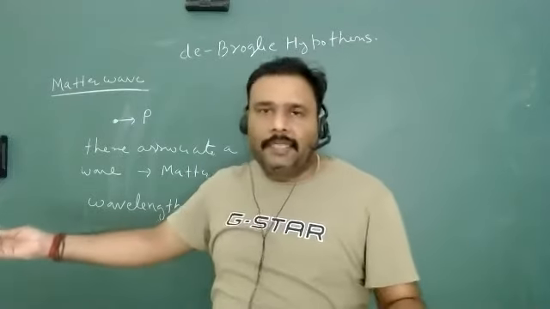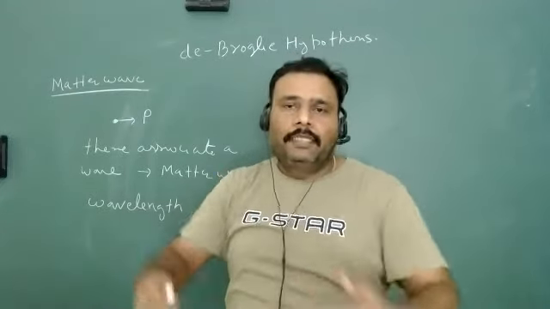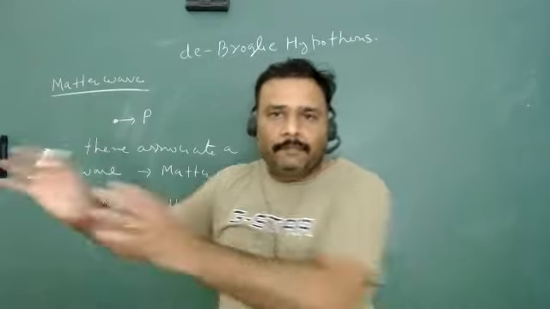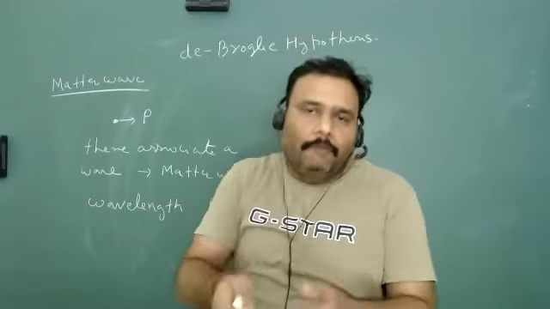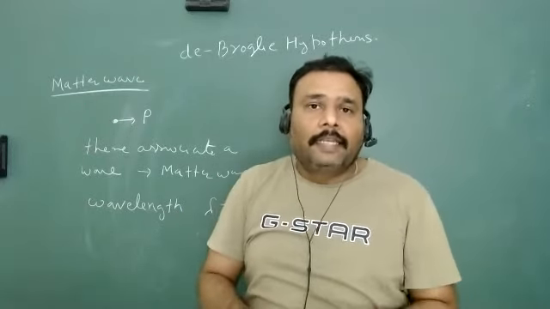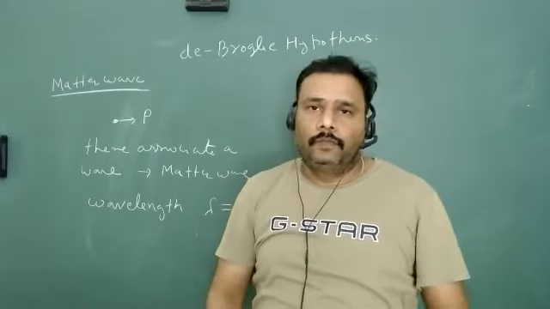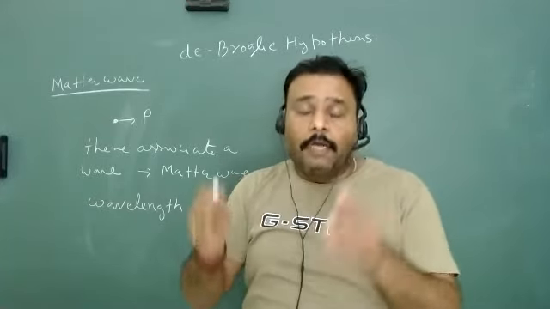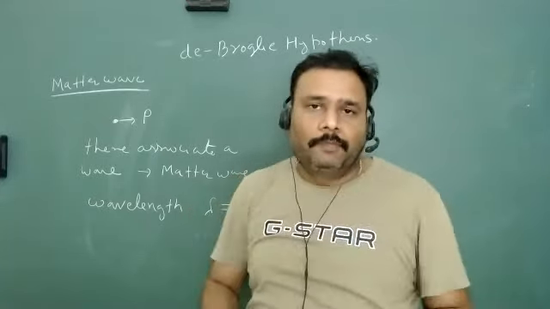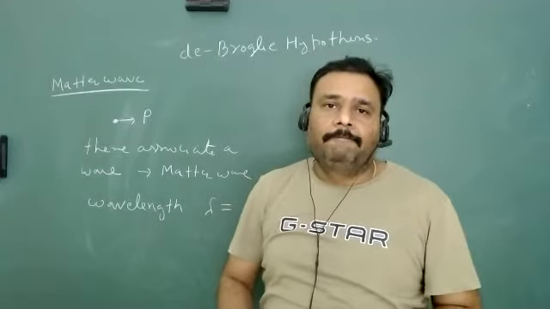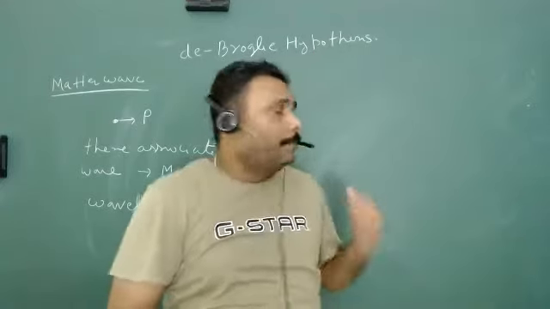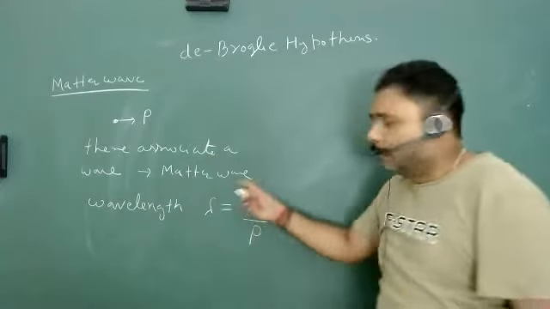De Broglie was French. They never met, and they gave different hypotheses. But finally, what will you get? They will merge at the same level. How their conclusions merge at some level, let's try to understand with this particular example using the de Broglie wavelength.